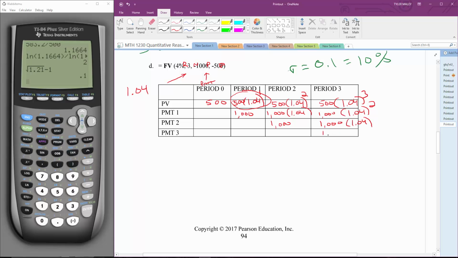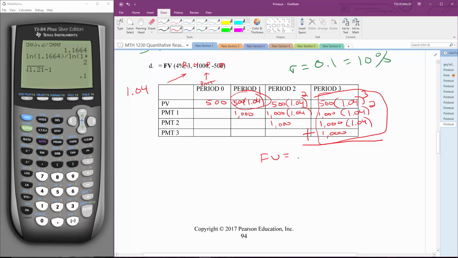And then we will put in another $1,000 payment in payment 3. Then the future value is going to be the sum of all these. We need to add all these up, and this will be the future value.